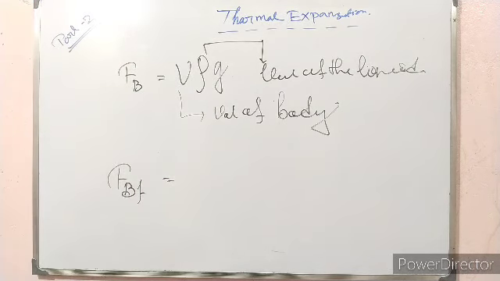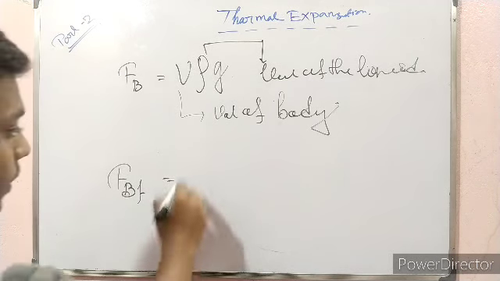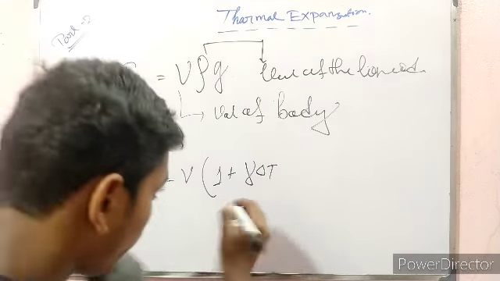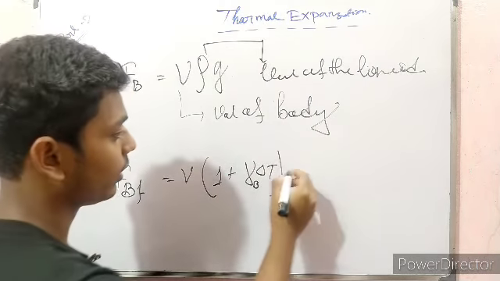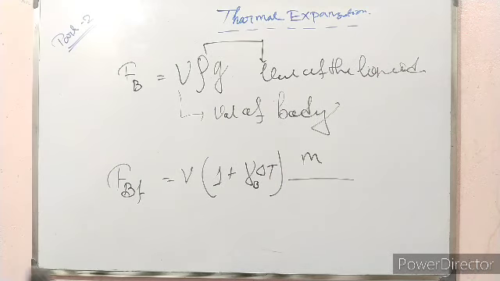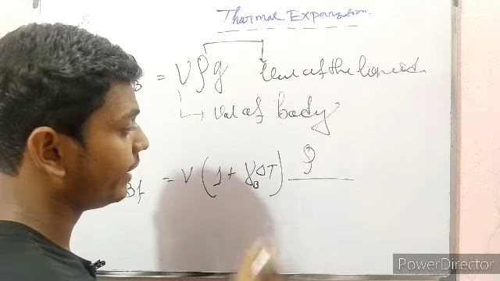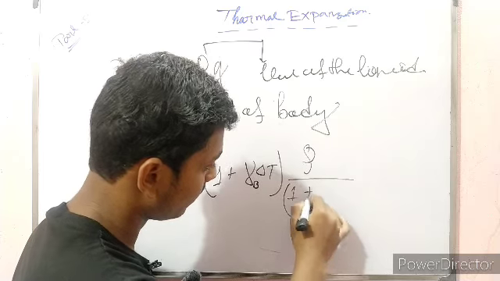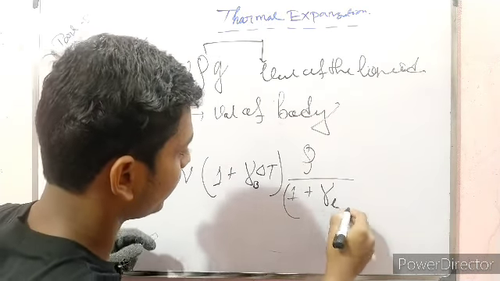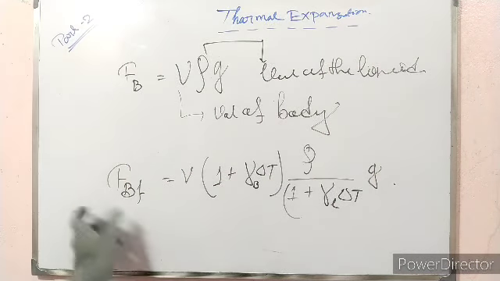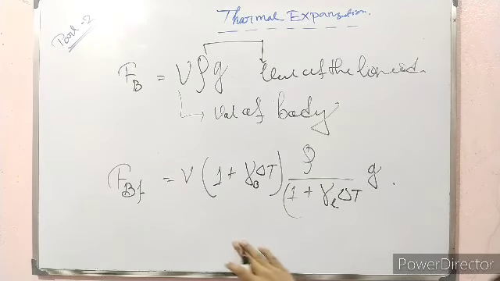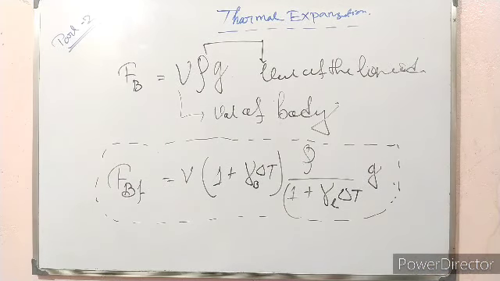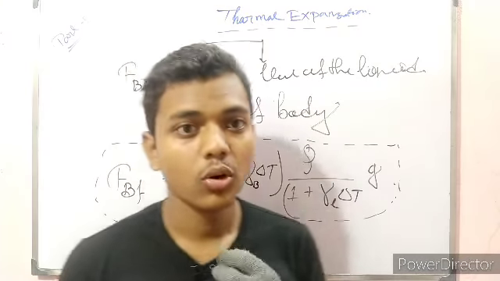The volume of the body, which we can write as V into 1 plus gamma delta T, where this gamma is for the body, into the final density rho divided by 1 plus gamma of the liquid delta T, into G. According to this concept there are some 4 questions in JEE Advanced and JEE Mains, so you must practice some questions with this concept. That is the concept of buoyant force.